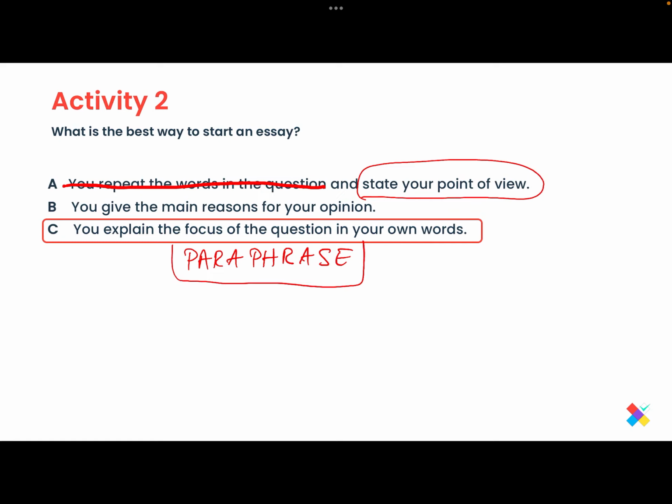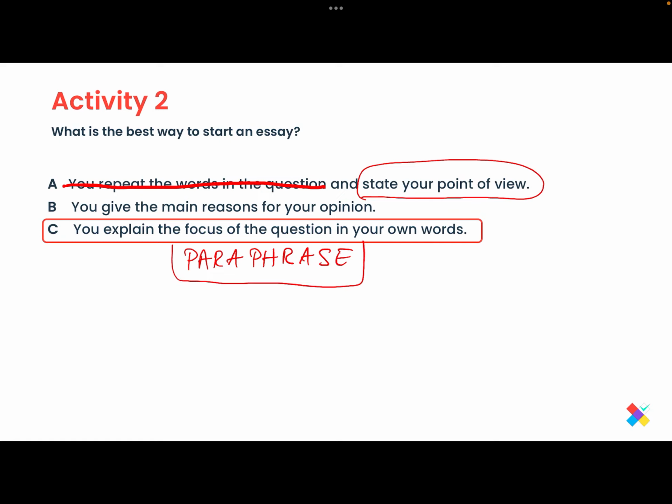You paraphrase the question, and you try to use synonyms as much as possible. Okay, it's really important. Basically, the essay is trying to test whether you have the necessary vocabulary in terms of synonyms to paraphrase the question and also to express your own opinions and to support them with examples.